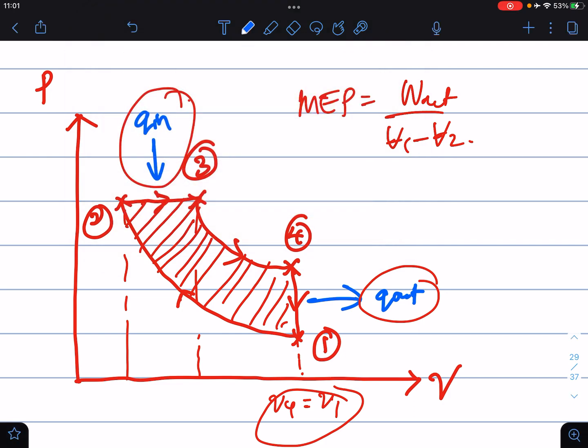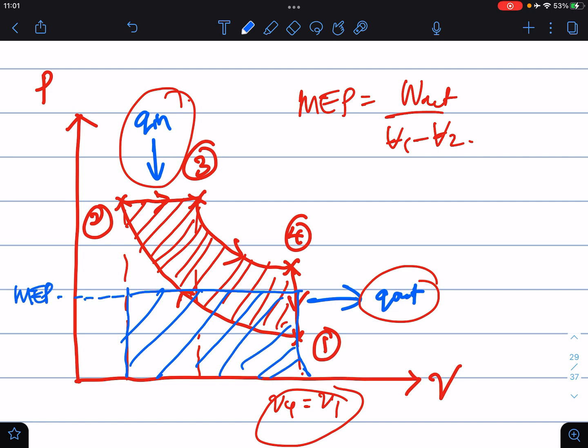So this rectangle basically shifts this area into this value. So this is your MEP value, which we calculated as 228 kPa just now.